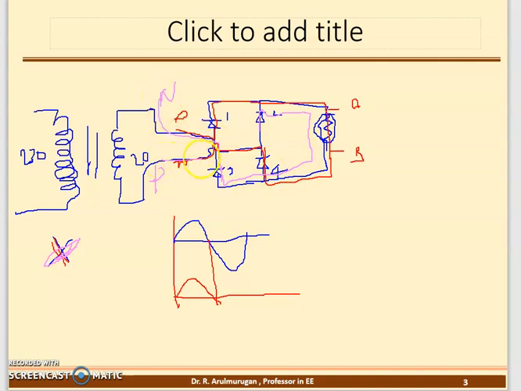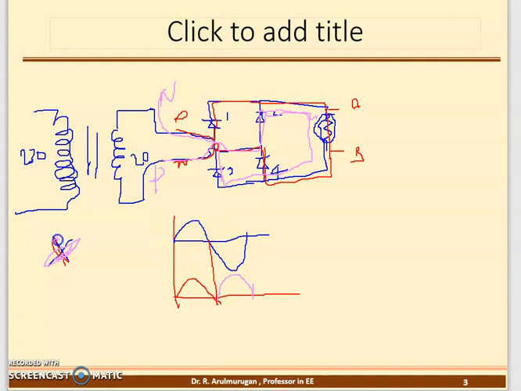Similarly A to B is flowing. Is the same direction flowing or not? Same direction is flowing. So due to the same direction flow, your output waveform comes like this. That's all. This is about the full wave rectifier.